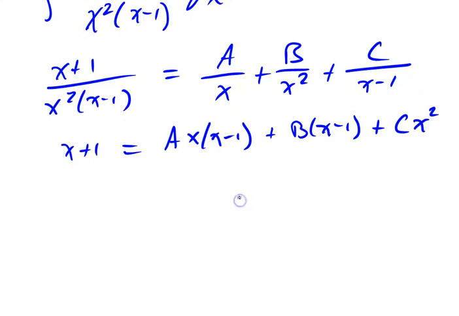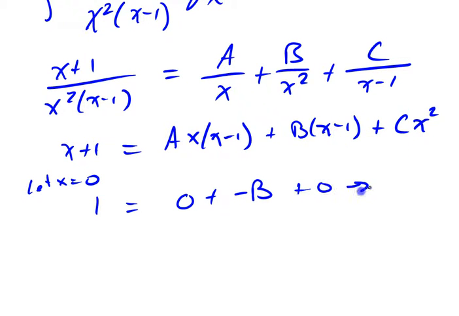Okay. To find a, b, and c, I'm going to plug in values for x. In fact, I'm going to plug in x equals 0. Over here I get a 1. Over here that's a 0 plus negative b, right? B times negative 1, and then that's plus 0. So that tells me that b is equal to negative 1.